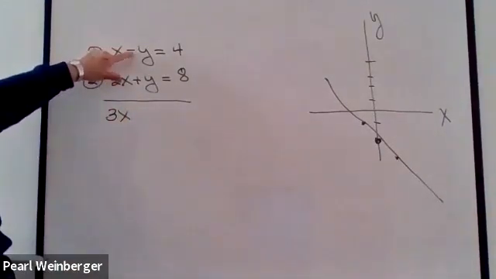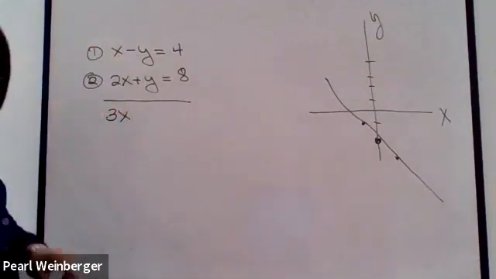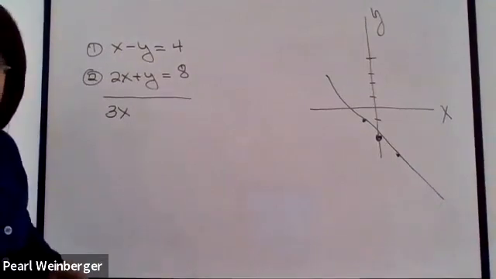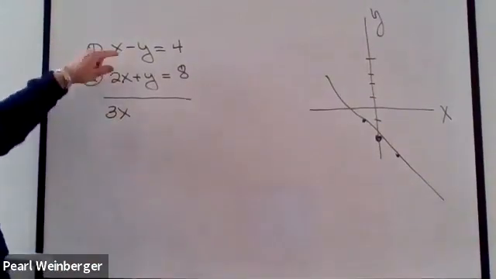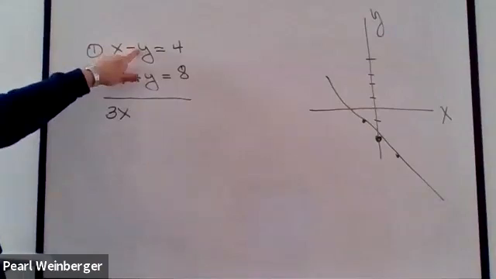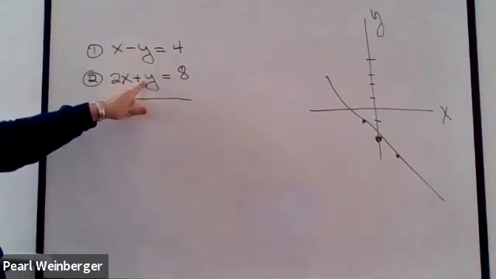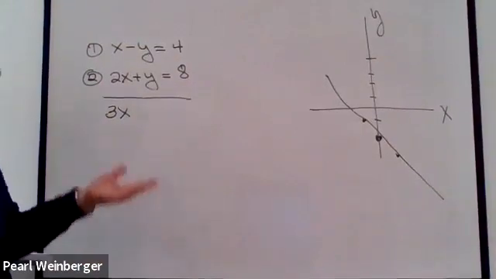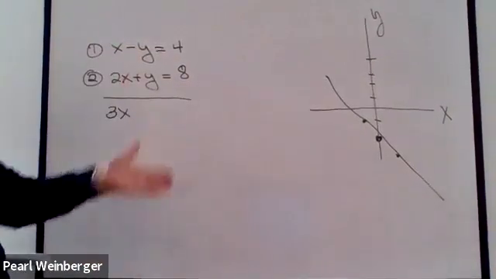What happens when I add negative y plus y? Well, the y's get eliminated. The y's cancel out because this is a negative 1y and this is a positive 1y. When you add a negative 1 and a positive 1, you just get 0. So I have 0y, which means I don't have any y's.